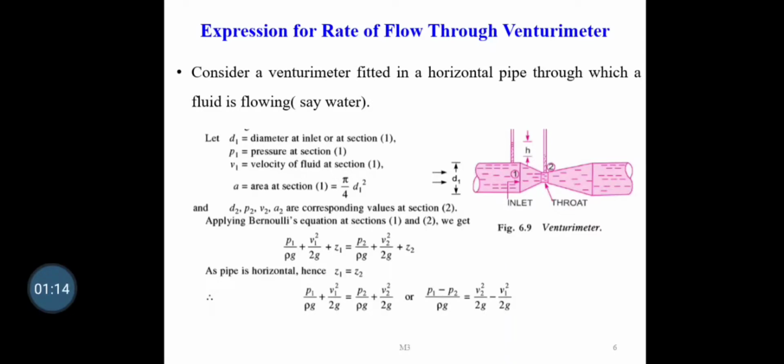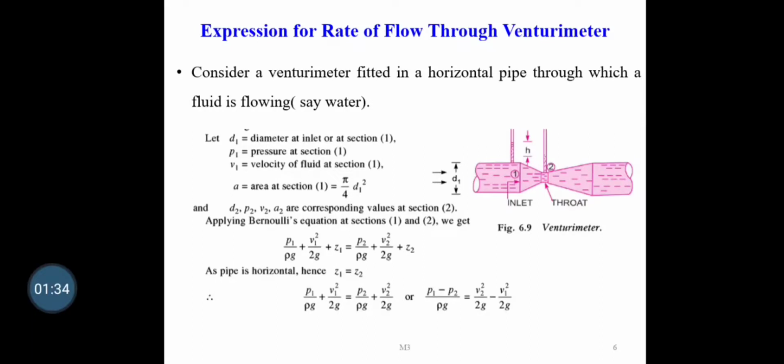Now the parameters with the subscript 2 denote the corresponding values at section 2, that is D2, P2, V2, A2 at section 2. Now we are going to apply our Bernoulli's equation at sections 1 and 2.